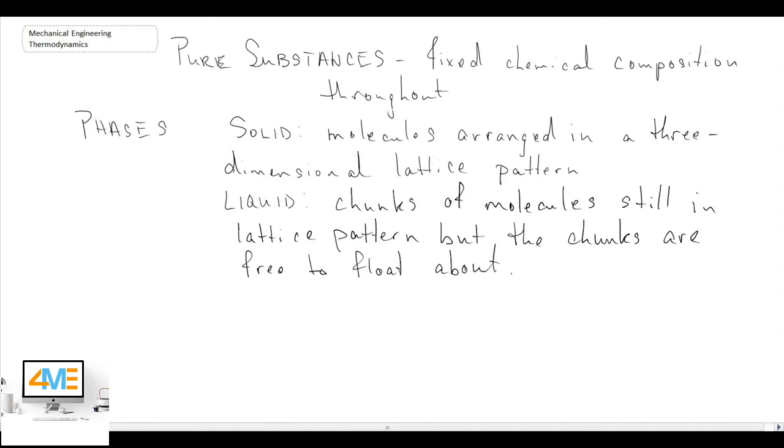And finally, what will happen is as you apply more heat, we eventually get into the gas phase. When we're looking at steam tables, sometimes we refer to that as the superheated or the vapor phase. But in this phase, the molecules are far apart.